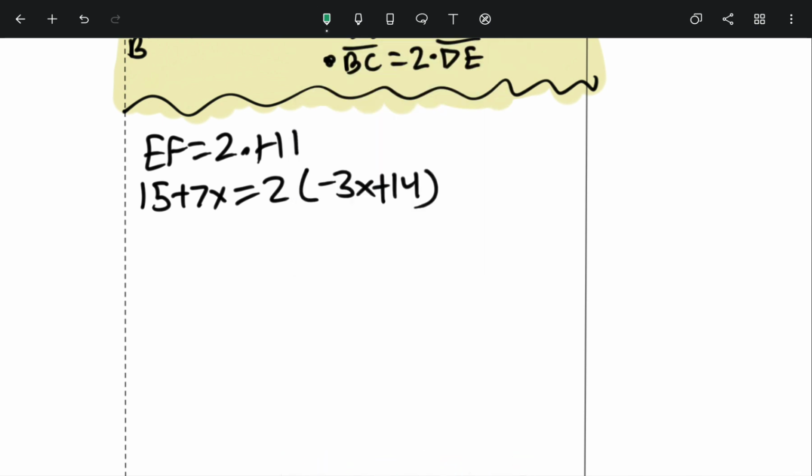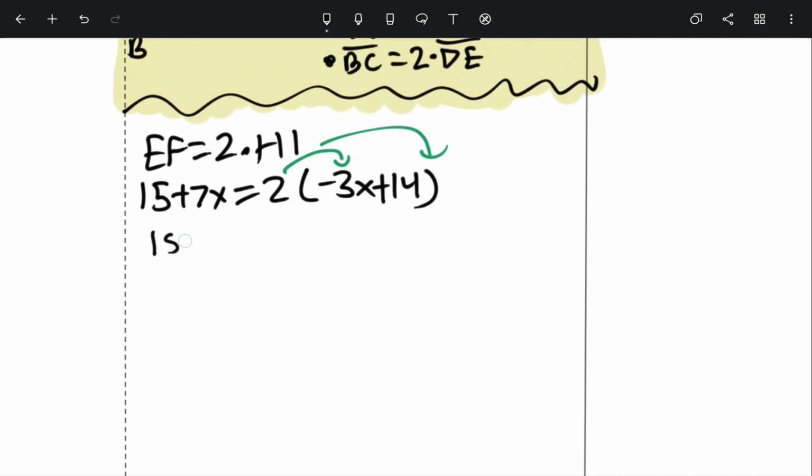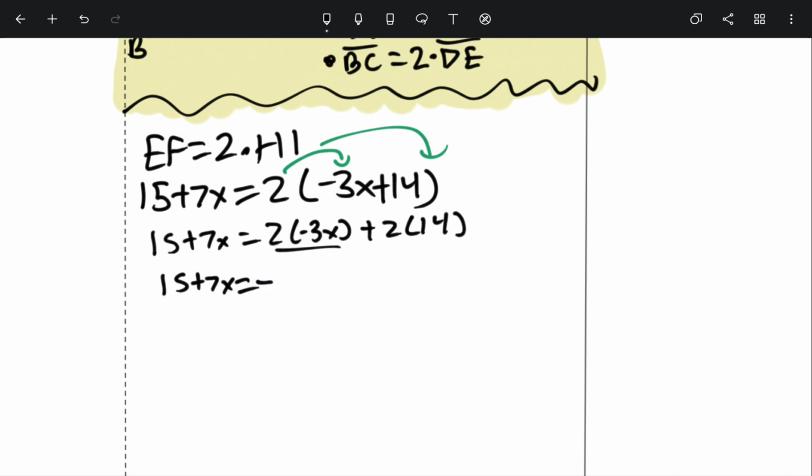Now we can solve for x. So I'm going to distribute this 2. So we get 15 plus 7x equals 2 times negative 3x plus 2 times positive 14, which gives us 15 plus 7x equals negative 6x plus 28. 2 times negative 3x is negative 6x. 2 times 14 is 28.